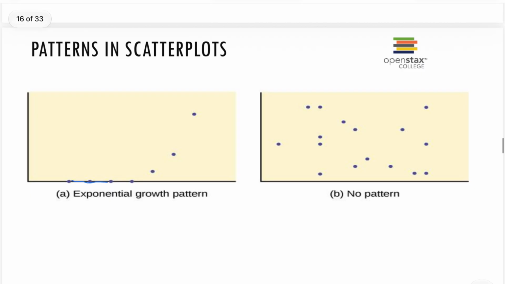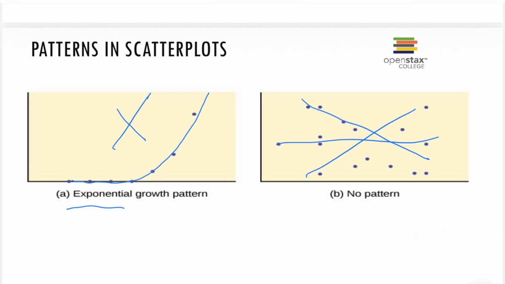This is exponential growth. We can't use linear regression for that. And this is no pattern. It's not like that. There's no pattern. Really can't use linear regression for that.